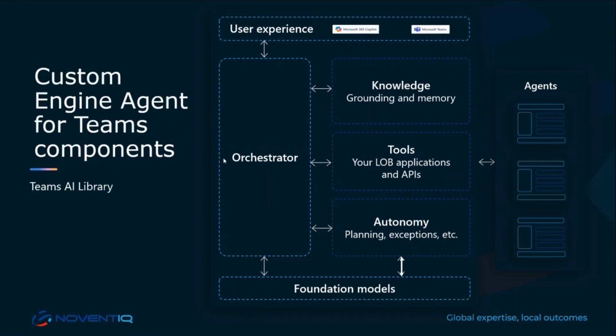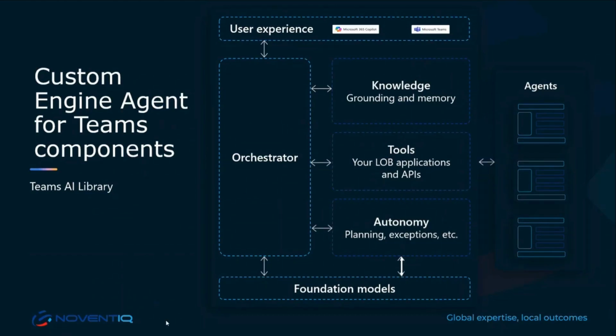Going ahead, the third aspect is the Teams AI library, custom engines for Teams component. This is where the channel is only M365 Copilot and Teams. So let's say your business challenge is to only build solutions for your organization, not extend them out on your custom website or anything. That is when you utilize the Teams AI library.